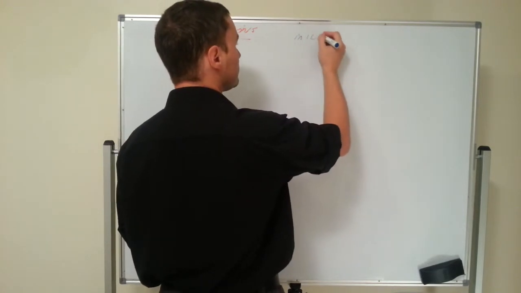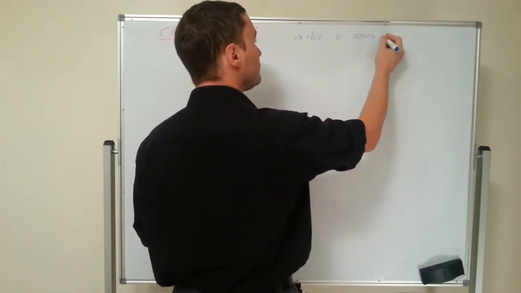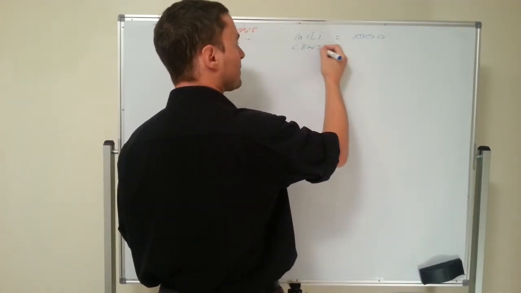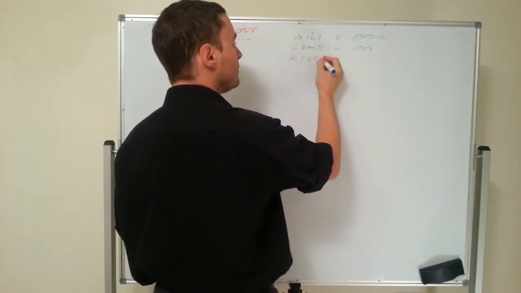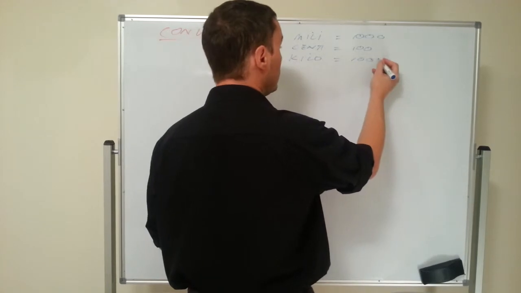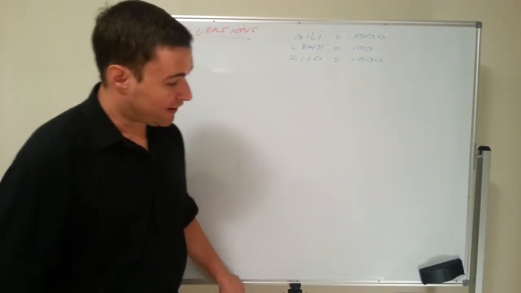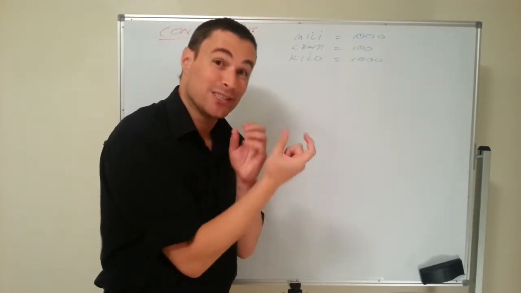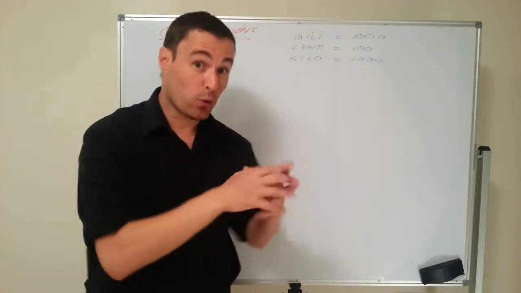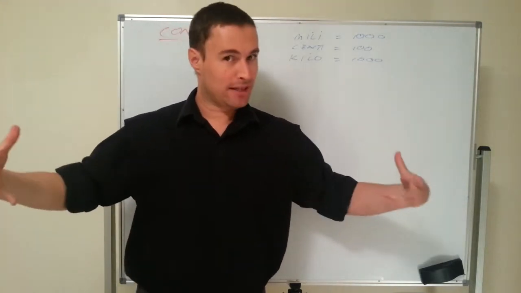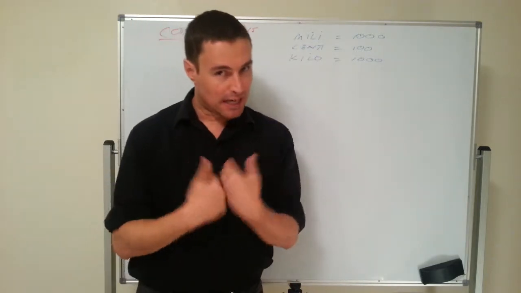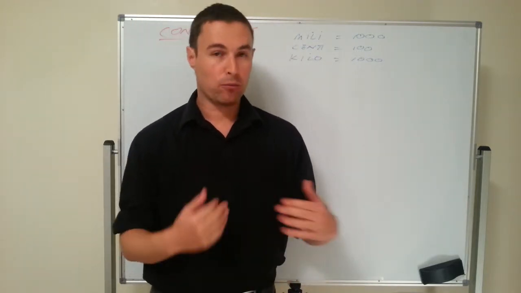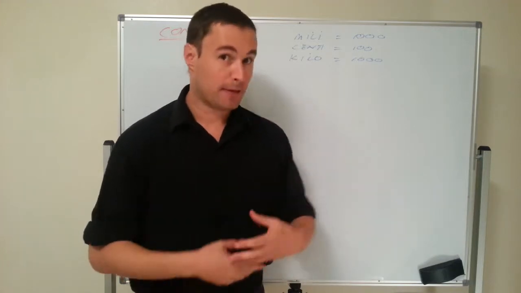So milli is 1,000, centi is 100, and kilo is also 1,000. Now, I also don't worry about whether milli is 1,000th, so it's more thousand, or kilo is 1,000, so a big thousand. Because if you just know these three prefixes, then it's very easy to go from one to the other by thinking about it logically.